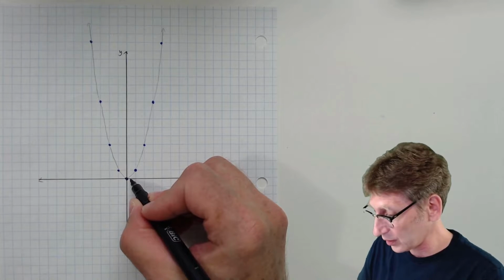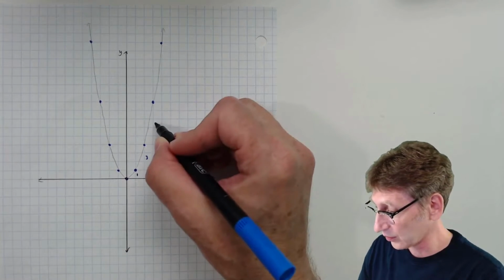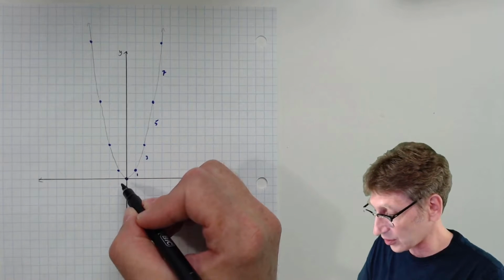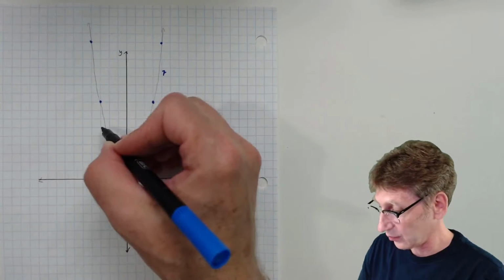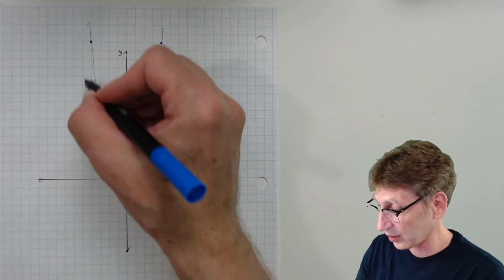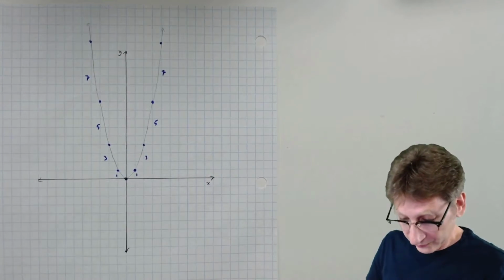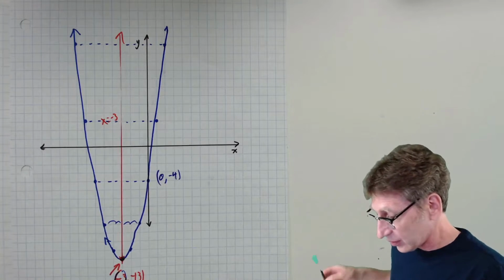So over 1, up 1, over 1, up 3, over 1, up 5, over 1, up 7. Same thing in the other direction. Back 1, up 1, back another 1, up 3, back 1, up 5, back 1, up 7, back 1, up 9, and we can keep going like that. This is one we just graphed.